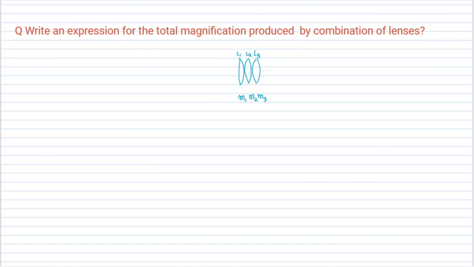So in that case, the total magnification can be written as the product of all the magnifications.